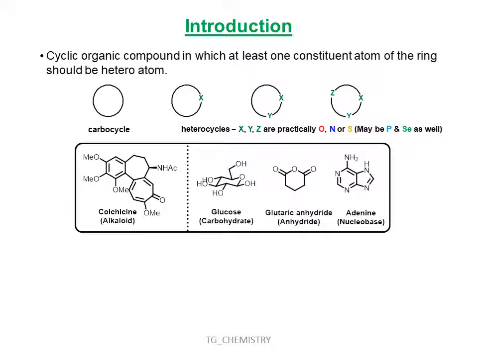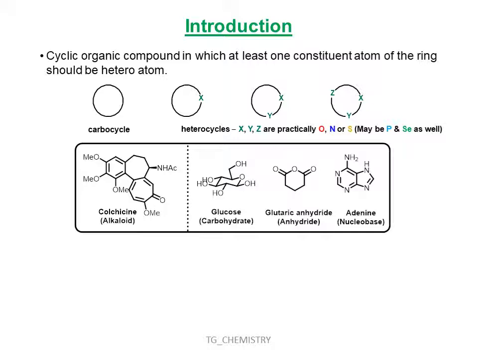Whereas on the right hand side you can see three different compounds, namely glucose, glutaric anhydride, and adenine. Theoretically all three of them should be heterocycles because one of the atoms constituting the ring structure is a heteroatom. However, glucose is more known as a carbohydrate, glutaric anhydride as an anhydride, and adenine as a nucleobase.